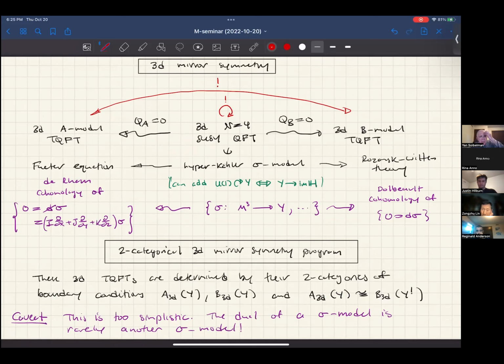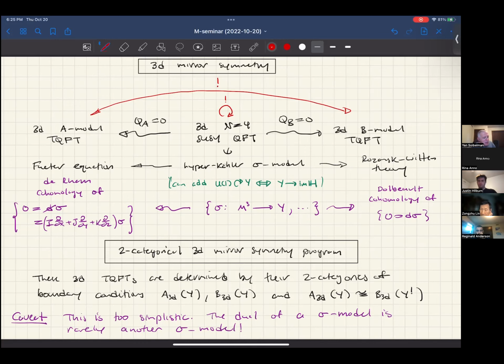And let me ask you another question. So, kind of a model for your 3D mirror symmetries, 2D mirror symmetry, which is the equivalence of the Fukaya category and coherent sheaves in the mirror dual.